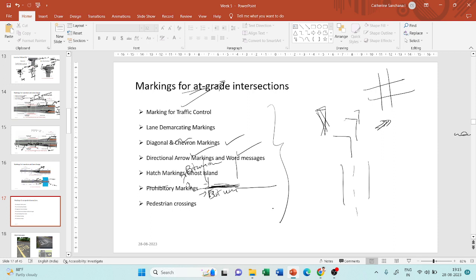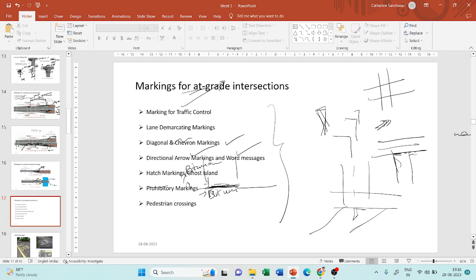So what types of intersections exist: one is simple junction, where it is a simple T junction, one road crossing this road. So that is called a simple junction. If you go and see IRC 35, they would have given you nice figures showing you what possible markings can be made in a simple junction. Here mostly you will have a stop line and a continuity line. That's all. But let us say you have one more intersection called Y intersection.